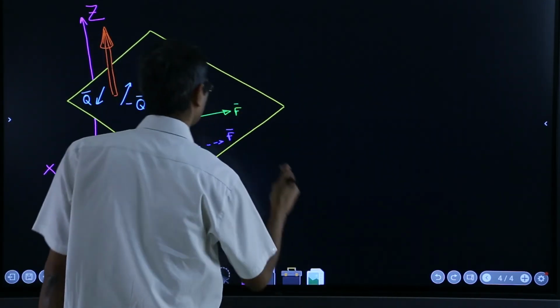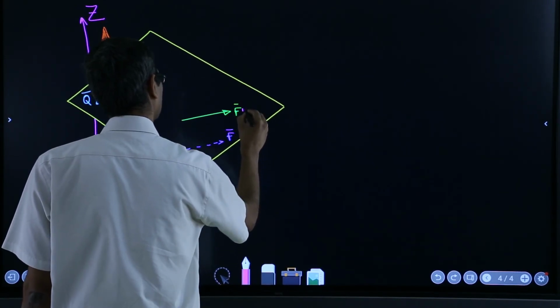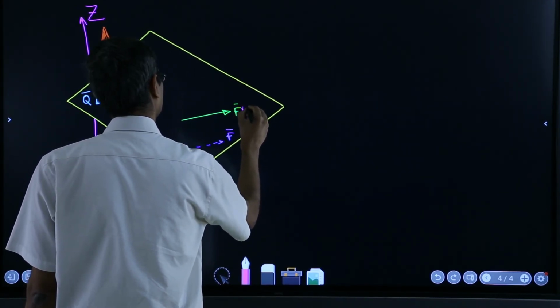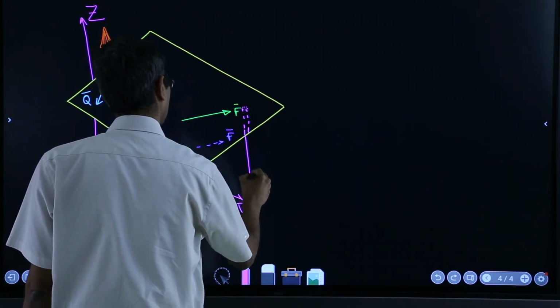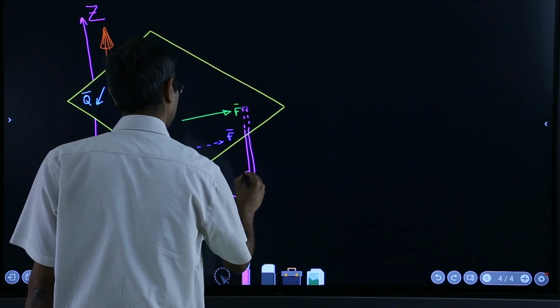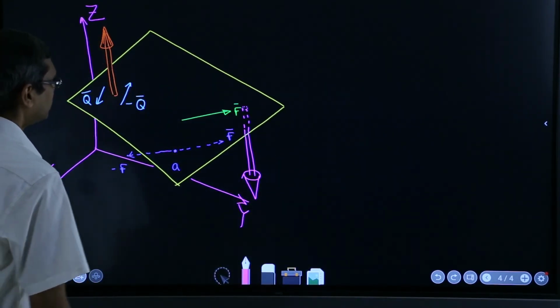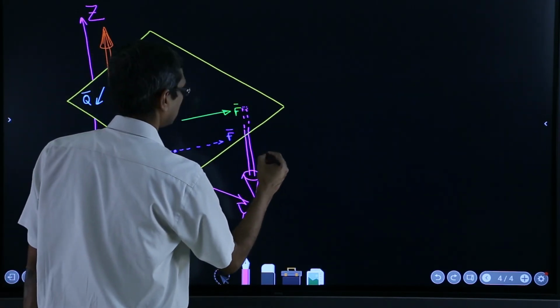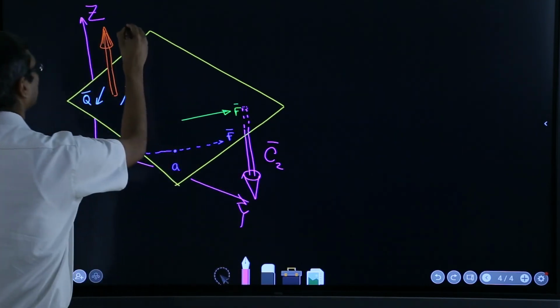Let me draw it dotted to show that it is behind up to this point, and from here, solid lines. Okay, now this couple, I'll call it C1.